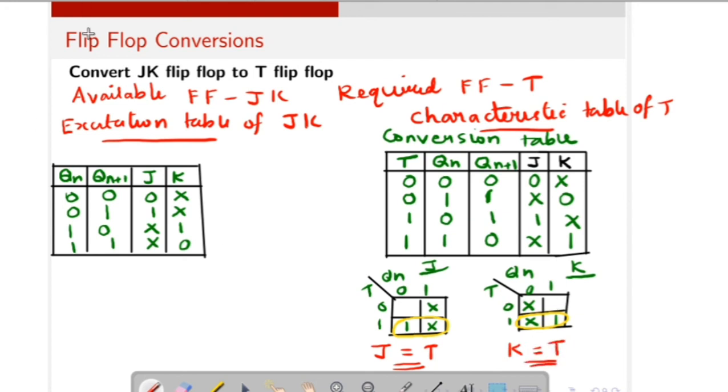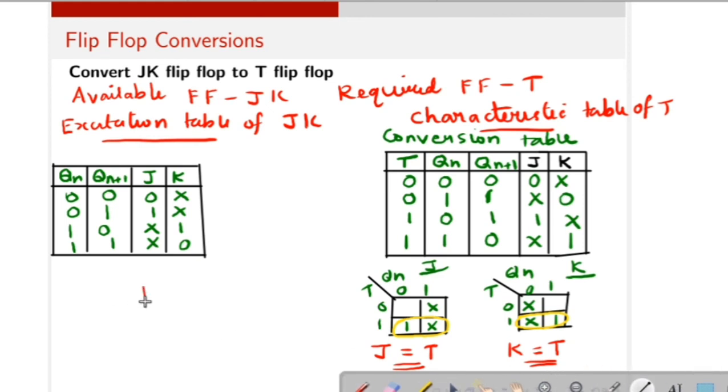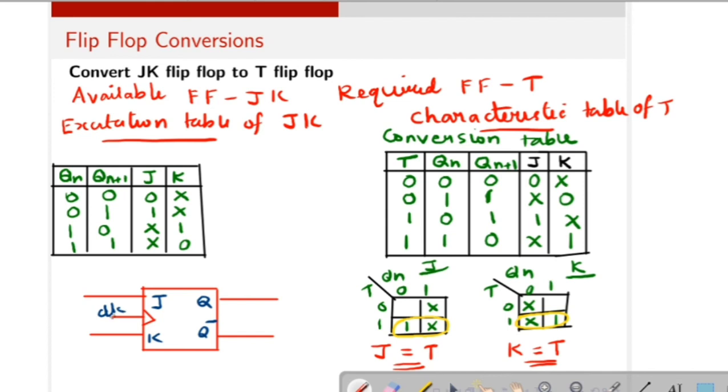Okay. So next we can draw the circuit. To draw the circuit, first we draw the JK flip-flop. So this is the JK flip-flop with two outputs and two inputs and a clock signal. We mark the inputs J, K, outputs Q and Q bar, and this one is the clock signal.